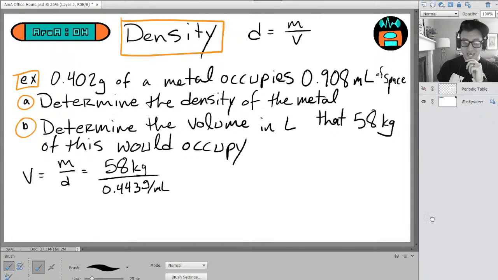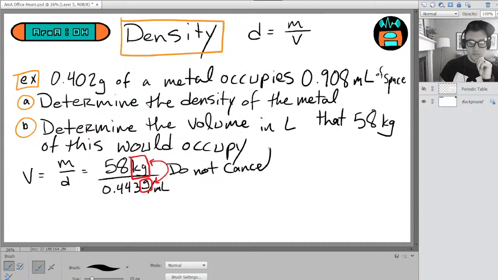The answer would be incorrect because look at your units. You have mass units of kilograms in your numerator and grams in your denominator. These do not cancel. All right, these cannot cancel each other.